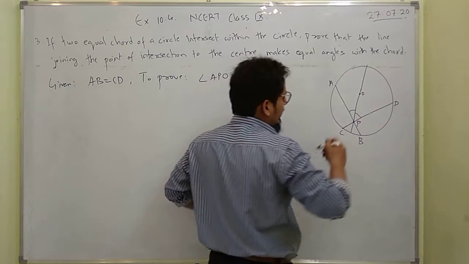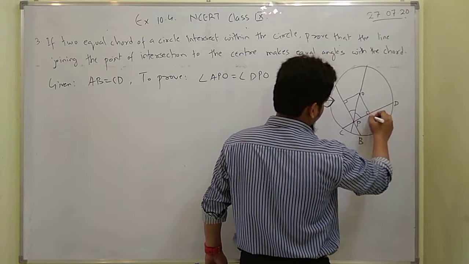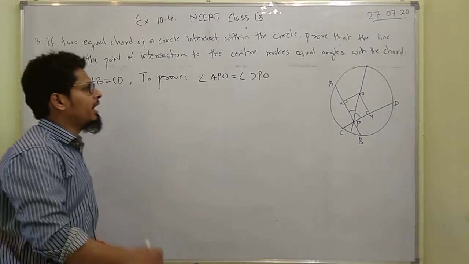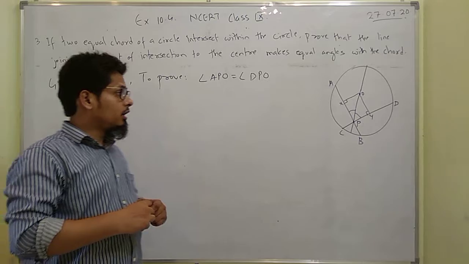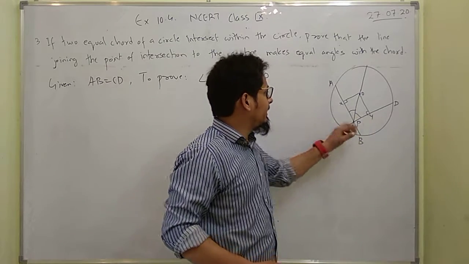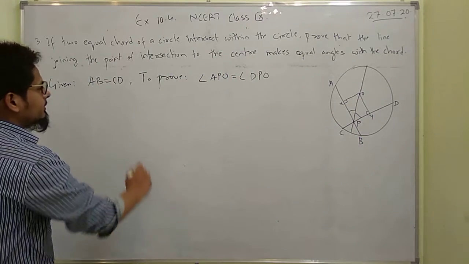Okay? So I draw two perpendiculars, OX and OY. Clear? So first I write, see class, the chords are equal, both your chords are equal, so the distances will also be equal. OX equal to OY.